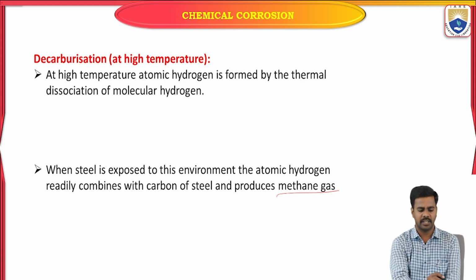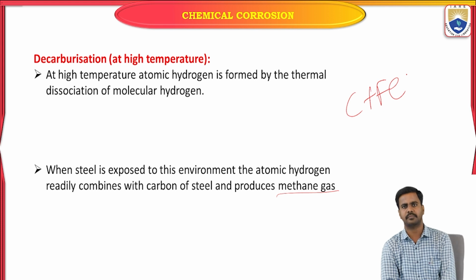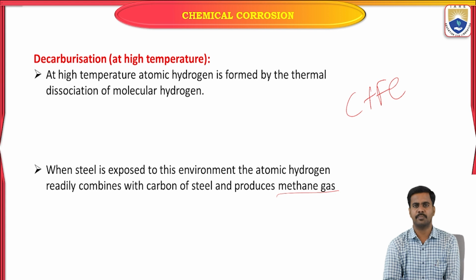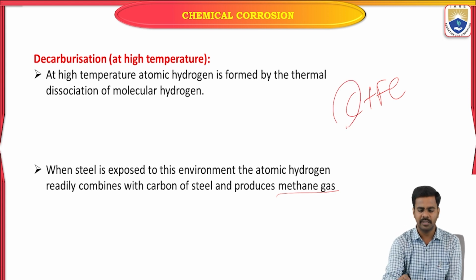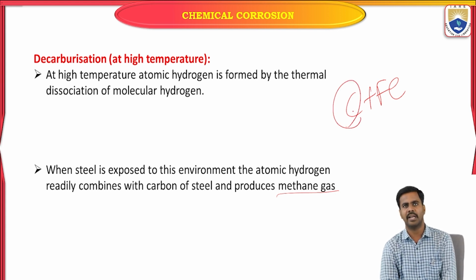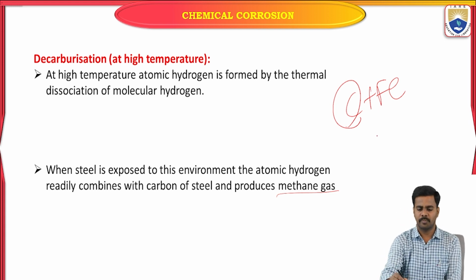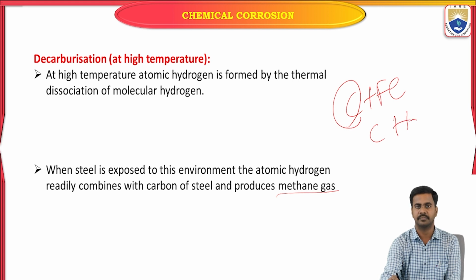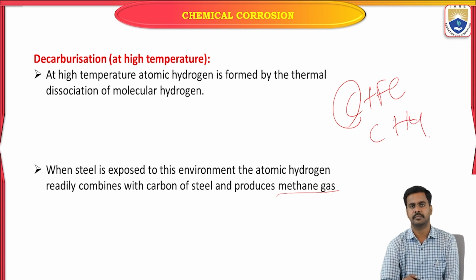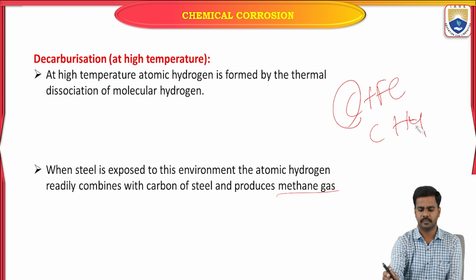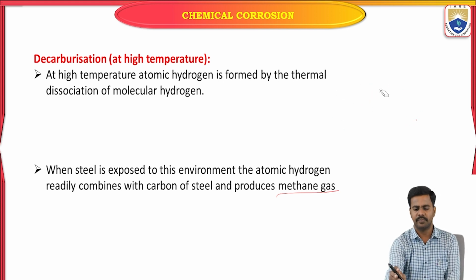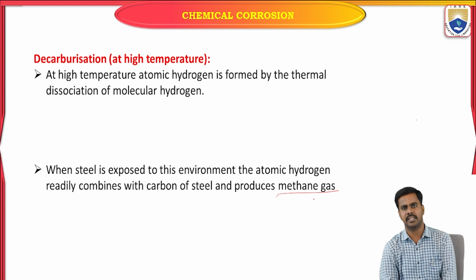We know that steel is an alloy. What is the composition of steel? Carbon plus iron. So here the decarbonization process takes place, that means removal of carbon takes place due to the attack of hydrogen at high temperature. Methane gas is formed, and gradually the volume of methane gas increases.